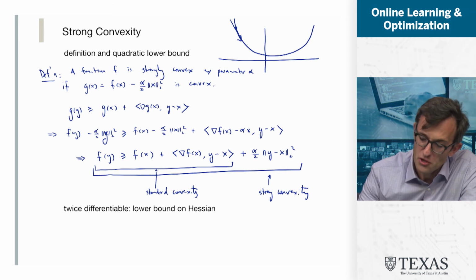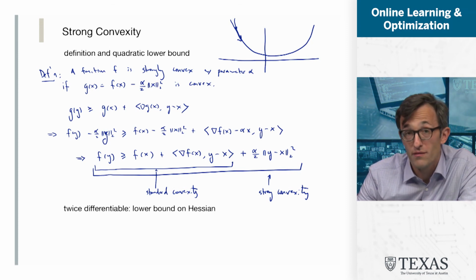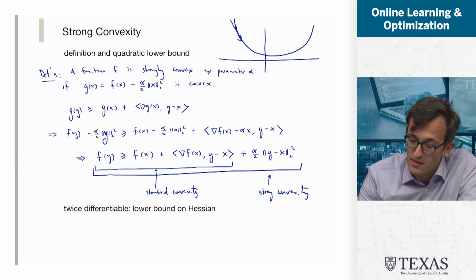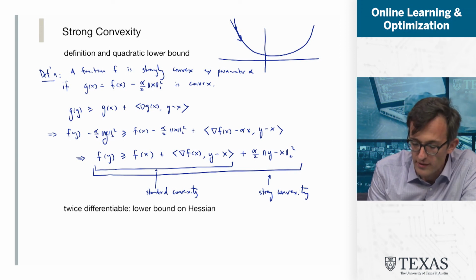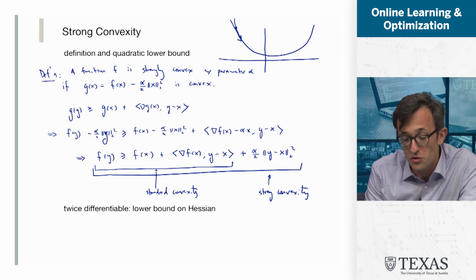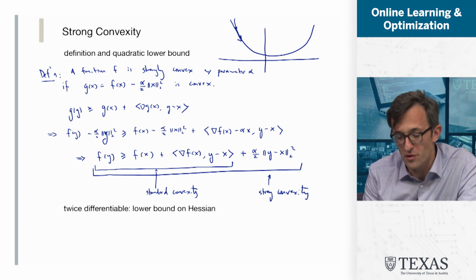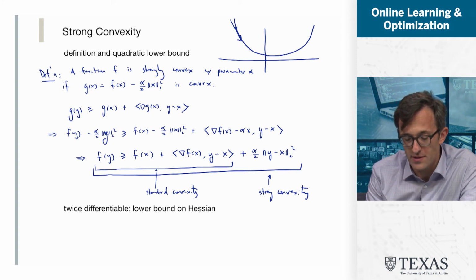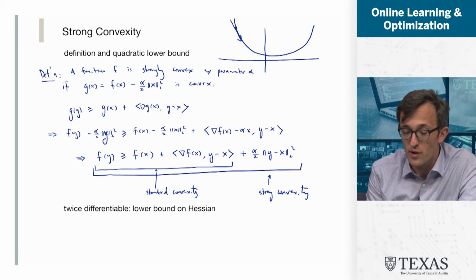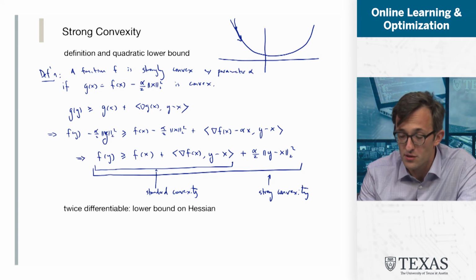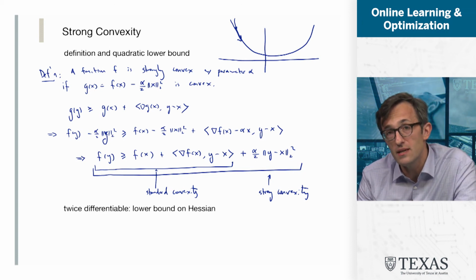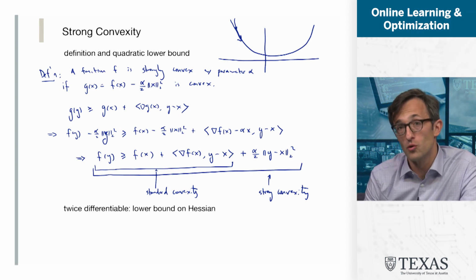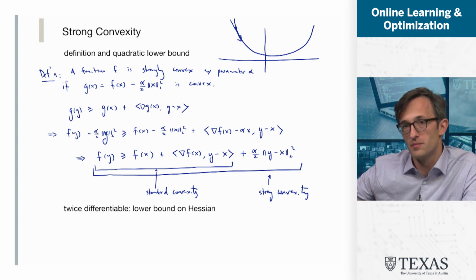So in terms of our picture, this is saying that we can fit a quadratic underneath. Unlike smoothness, which told us that f of y is less than or equal to a quadratic, strong convexity says that f of y is greater than or equal to a quadratic. So it's basically giving you a guarantee that your function grows when you move far away from the optimal solution.